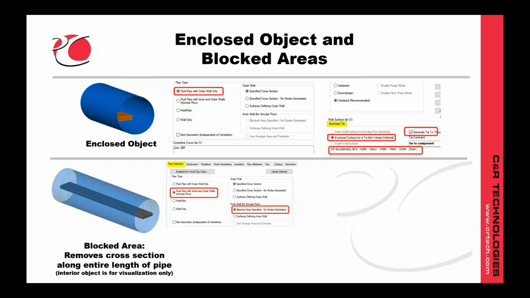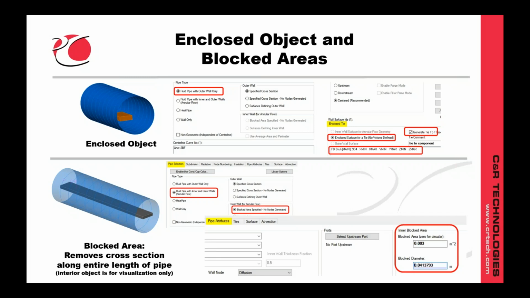So in this case, the pipe is set to be annular using the blocked area option for the inner wall. And then we select the blocked area. When you select the blocked area option, it activates a new dialog on the Pipe Attributes tab where the blocked area can be defined.